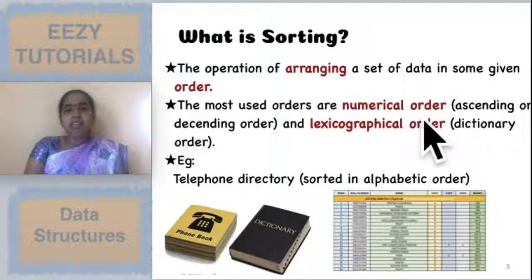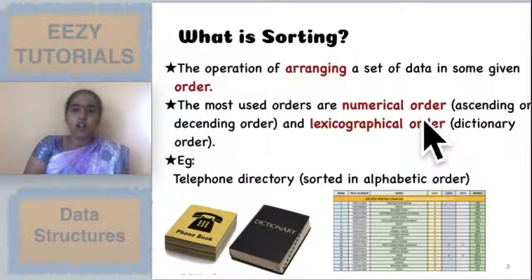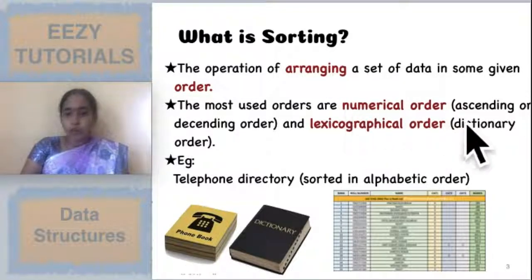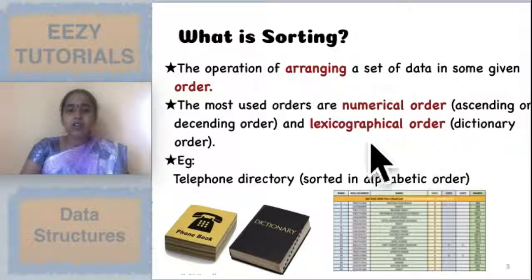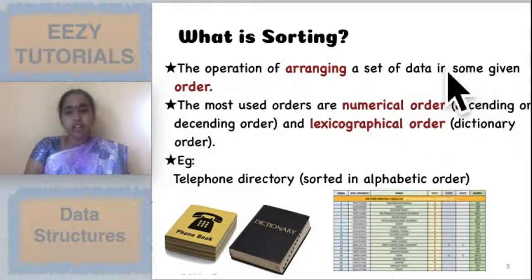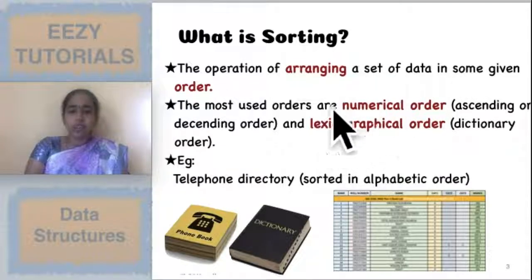Numerical order means the data you are supposed to sort consists of numbers, and you have to sort it in either ascending or descending order. The second one is lexicographical order, which we see in a dictionary. In a dictionary, the words are arranged alphabetically, in ABCD order. That is called lexicographical order. So the operation of arranging a set of data in either numerical order or lexicographical order is called sorting.